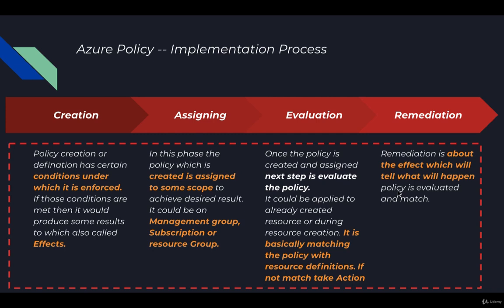There are different options: it could deny, it can disable, or modify. We can modify the tags, or whichever thing we want to modify, in case the policy is evaluated and matched.